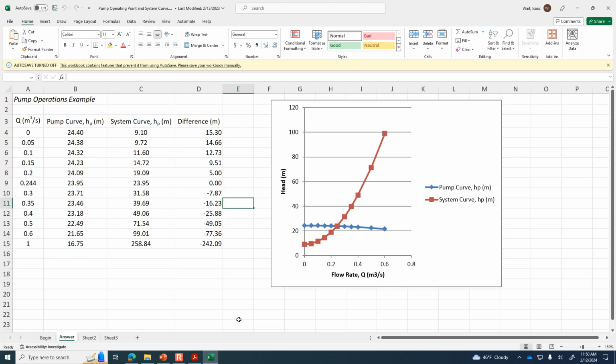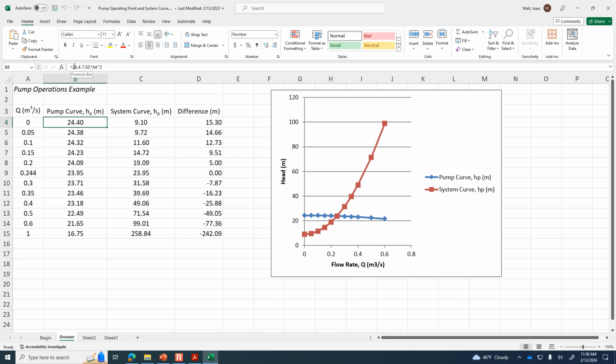The other way to handle things is, here I've sketched out the pump curve just using the formula that was given. So this 24.4 minus 7.65 Q squared was given in the problem statement. And then I did the system curve for a variety of different flow rates. And then I graphed the two.